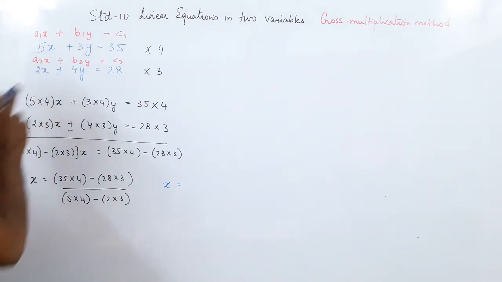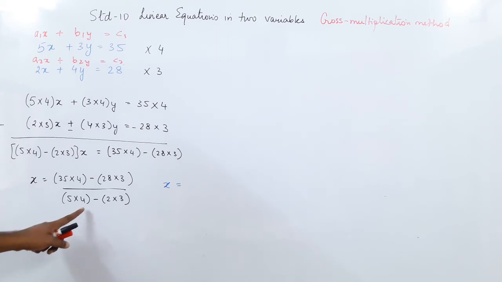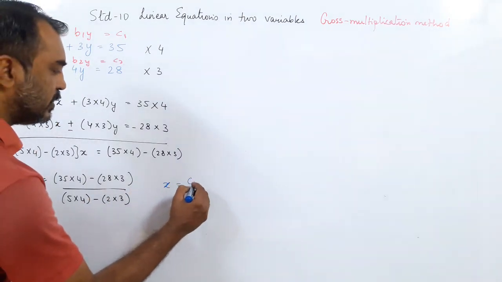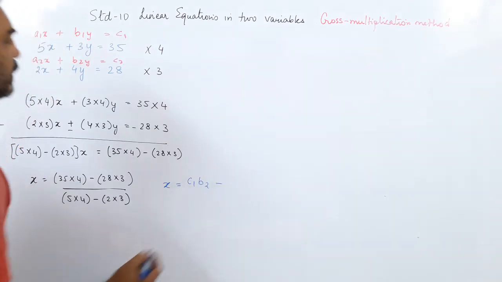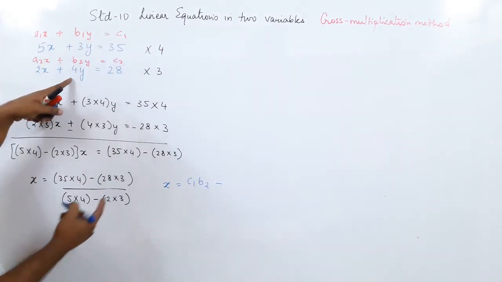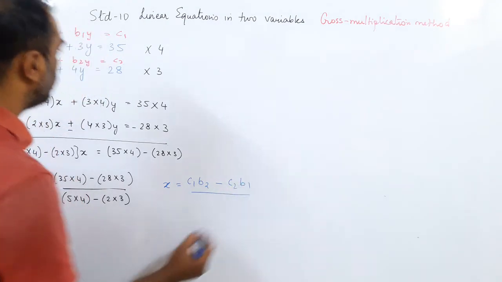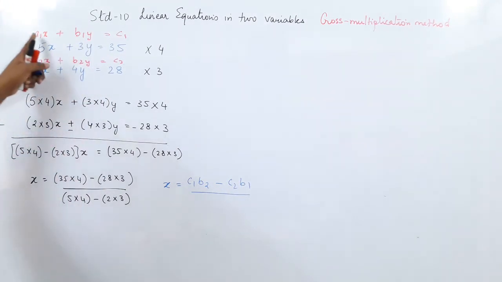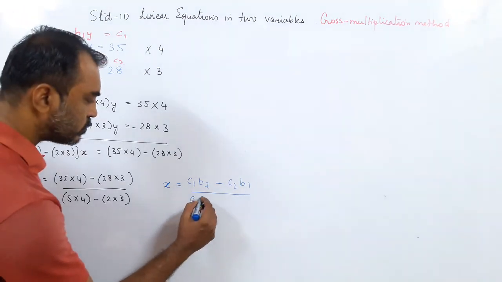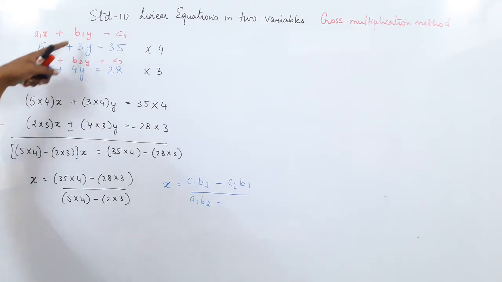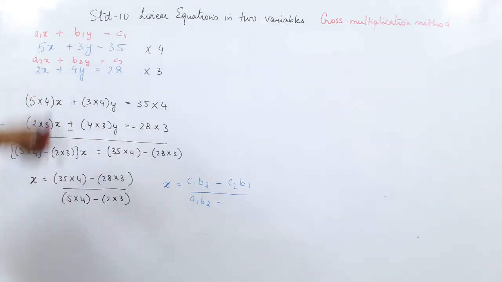This is 35, that is c1, into 4, that is b2. So we got c1 b2 minus c2 b1 upon 5 4s are a1 b2 minus 2 3s are a2 b1.